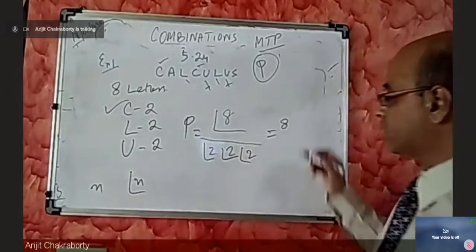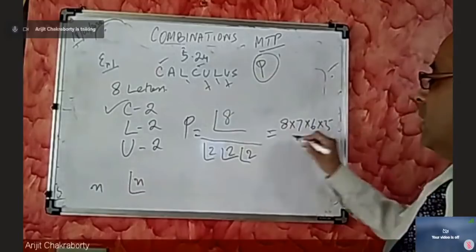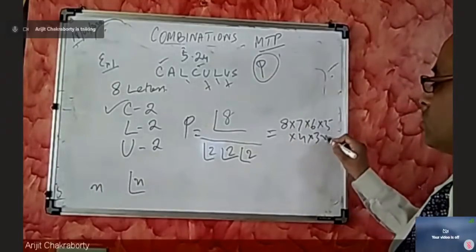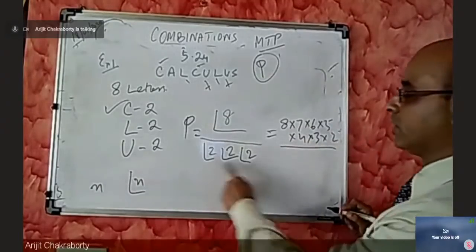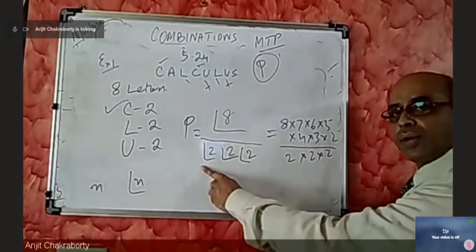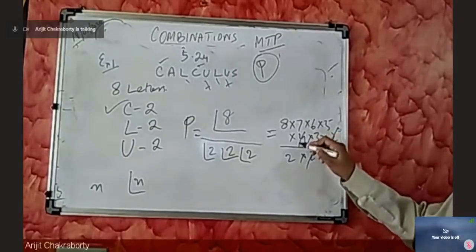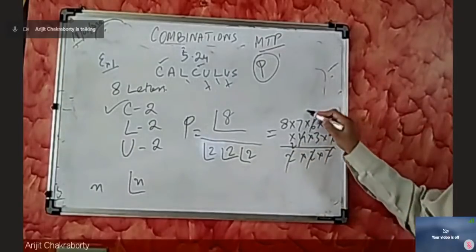So let us see what this brings up. 8 into 7 into 6 into 5 into 4 into 3 into 2 divided by 2 into 2 into 2, because 2 factorial is 2. So 2 and 2 cancel out, this 2 with 2 here, this 2 with 3 here.